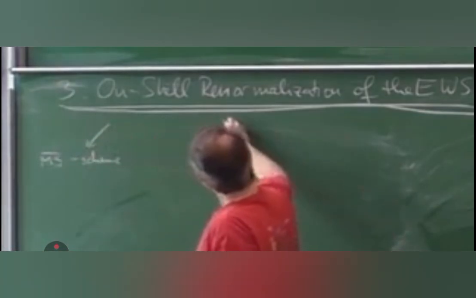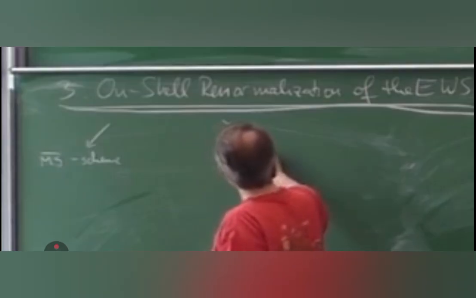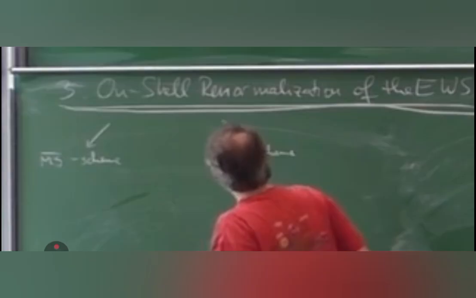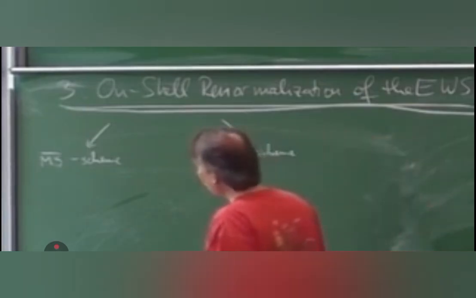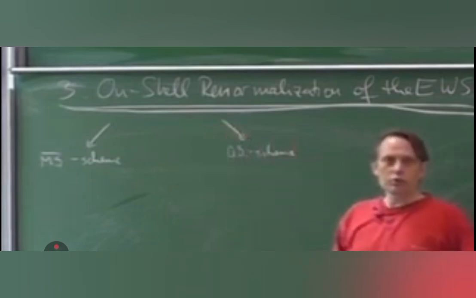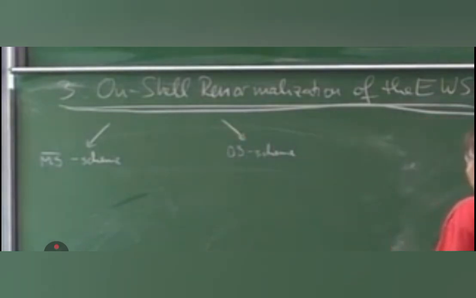And the other scheme which is very frequently used in practice is the on-shell scheme. And both schemes are valuable in models like QED and in the standard model. Both have pros and cons. And we will discuss a little bit the relative pros and cons later, but let me first say both are applicable.